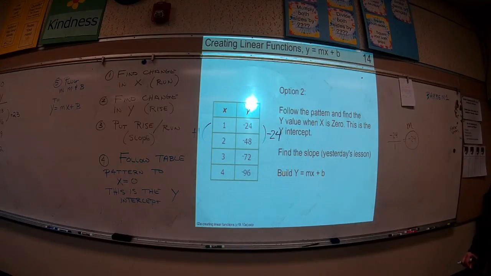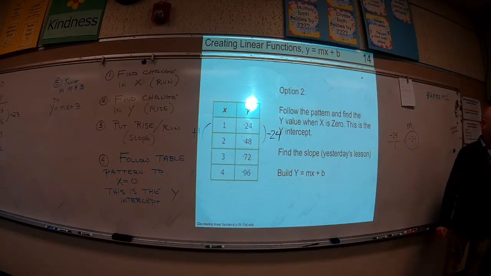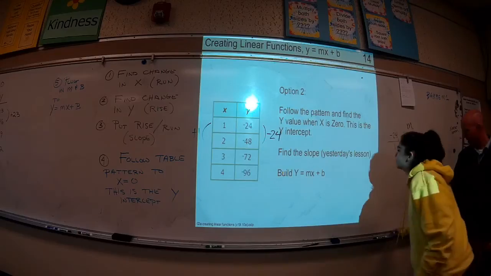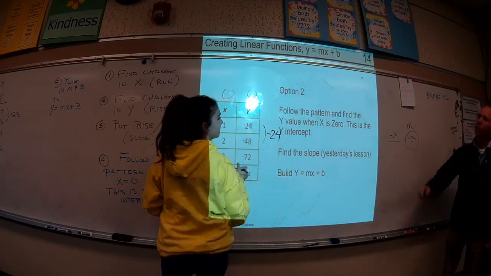Step 4. Follow the table pattern to x equals 0. This is the y-intercept. Can you follow back to that? We're just going to follow the pattern. Get up there and do it then. Can you show us the pattern?